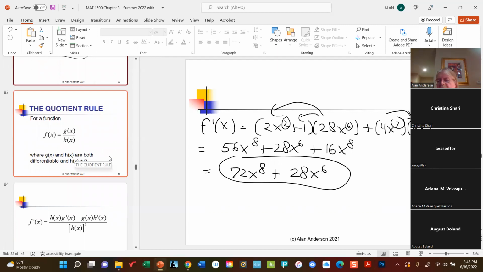All right, now I'm going to tell you right up front, the product rule was kind of messy. The quotient rule, sadly enough, is even messier. There's nothing else for us to do but go ahead and slug it out. Let me just show you what this is all about.